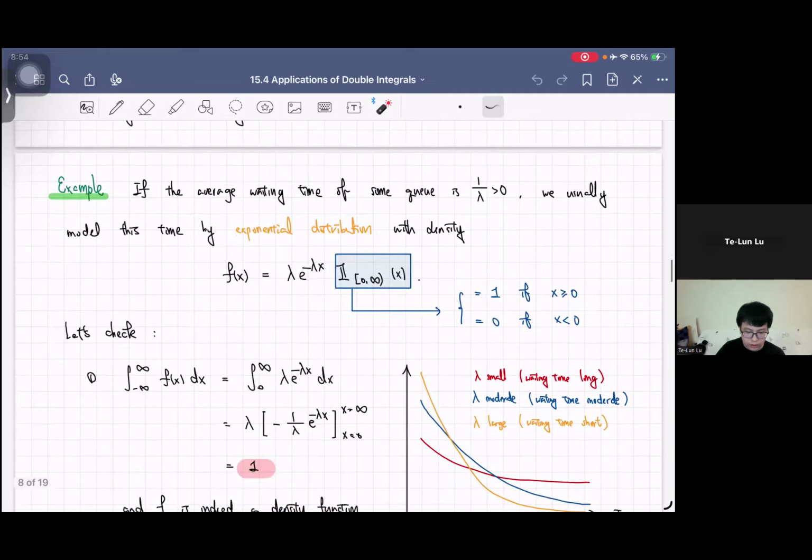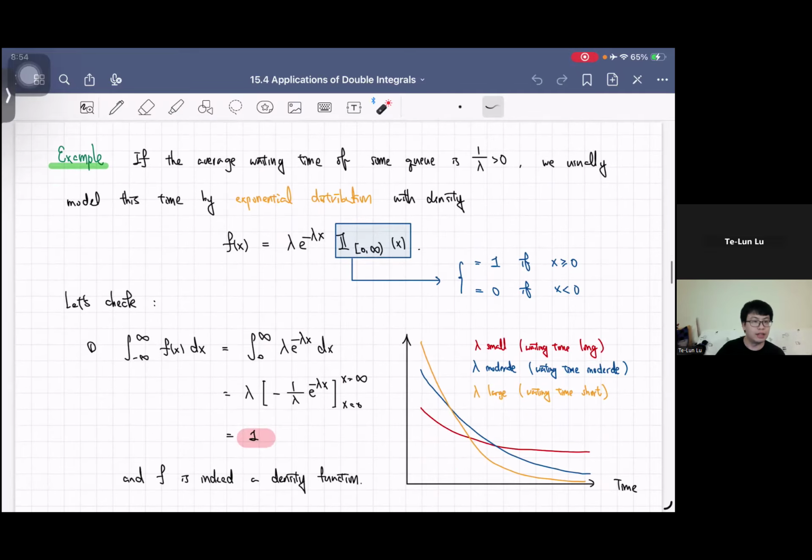Right. Now to another simple and very common distribution, the exponential distribution. This is usually used to simulate some queueing problem. If the average waiting time of some query is 1 over lambda, then we can model this waiting time with an exponential distribution.